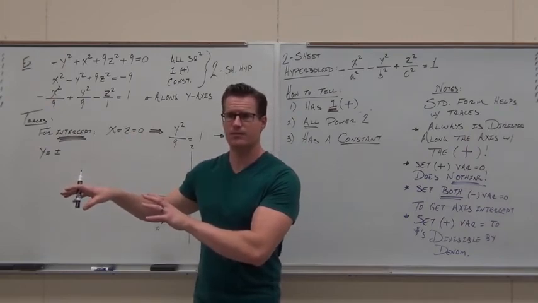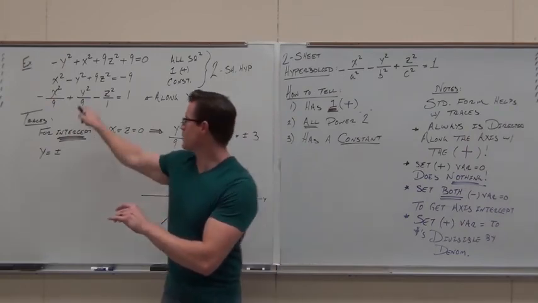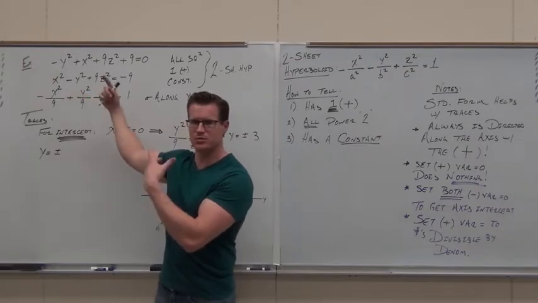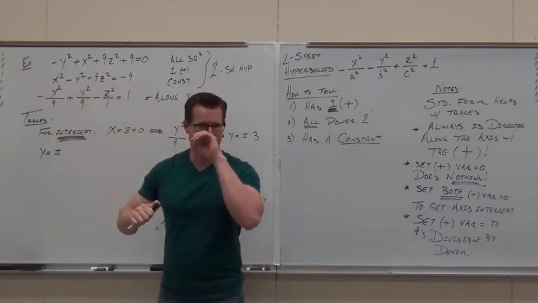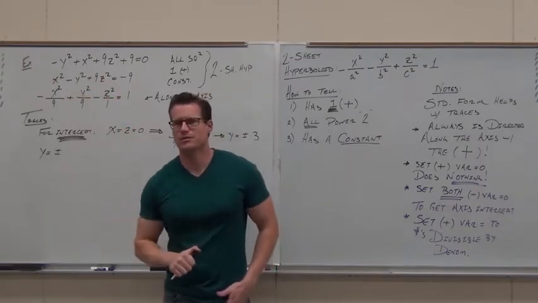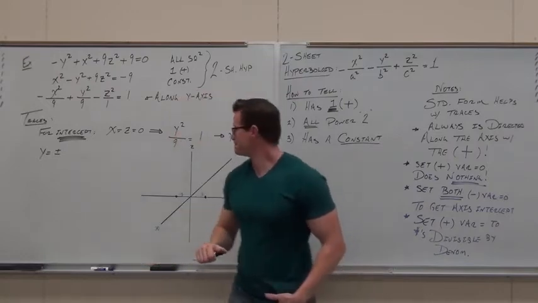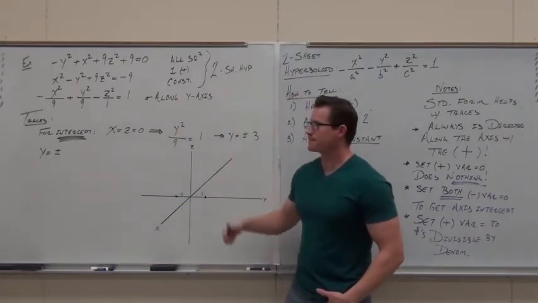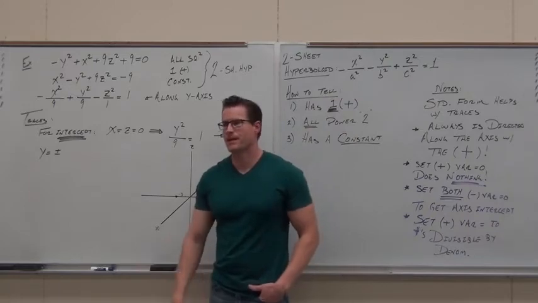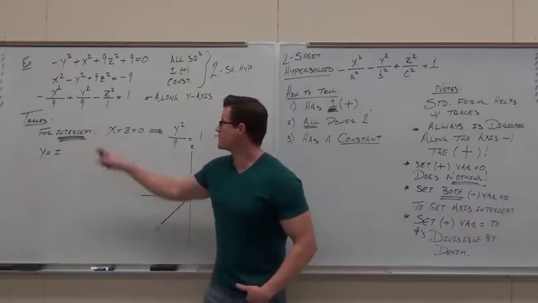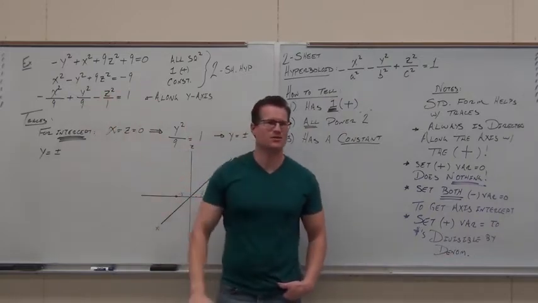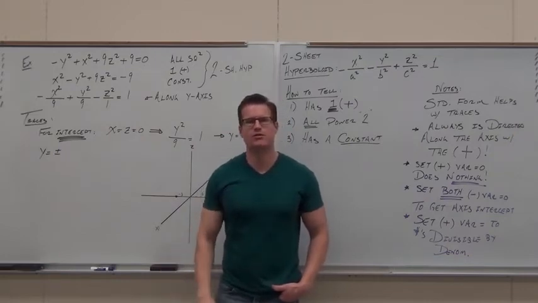Why? Because I want this to be a nice number. I don't want fractions. What number should I use? 3. If I plug in 3, I'm going to get 0. Why? Because we literally just solved for that value of y.